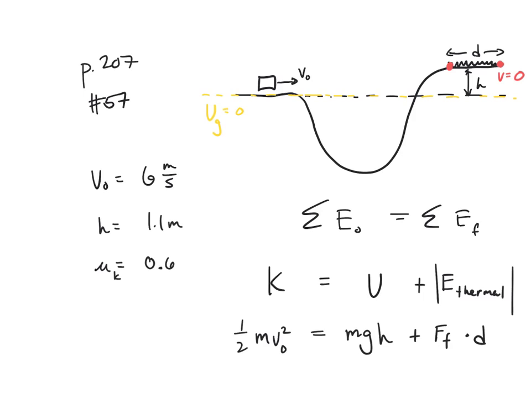So again, let's make a really important conclusion here. Any time that you're finding out the value of d, the portion of the track that involves friction, you either have to have a flat area there so that Fn is equal to Fg, like we did in the last problem, or you have to be given the friction force.